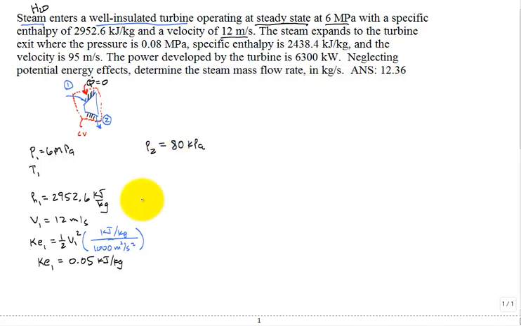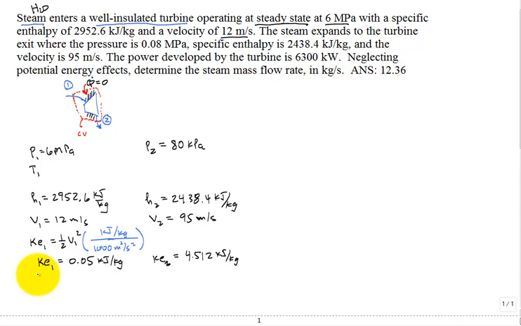It has a specific enthalpy, H2, of 2438.4 kilojoules per kilogram given, and exit velocity V2 of 95 meters per second. So it's a lot faster. Here we'll calculate that specific kinetic energy at 2, and that comes in at 4.512 kilojoules per kilogram. So it's not as negligible as KE1.